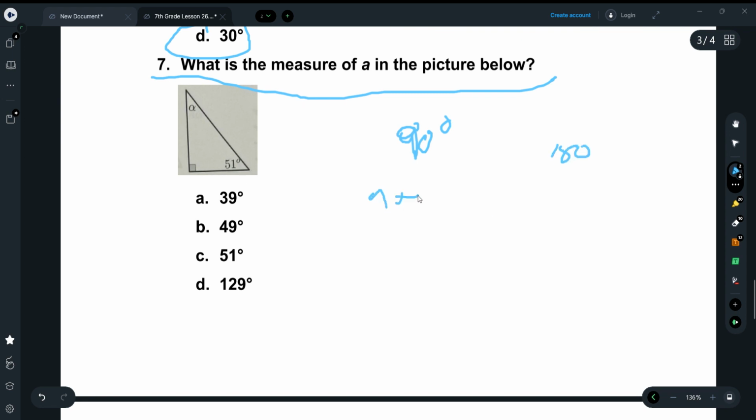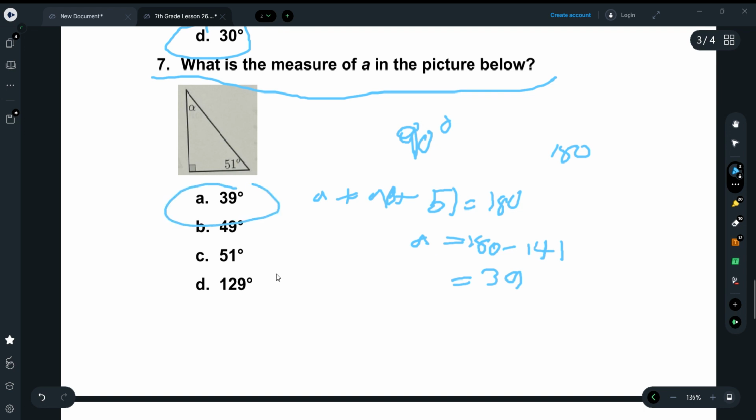We've got 90 plus 51, so that's 141, plus A. I forgot the plus A. A equals 180 minus 141, and that's 39. So your answer would be A.